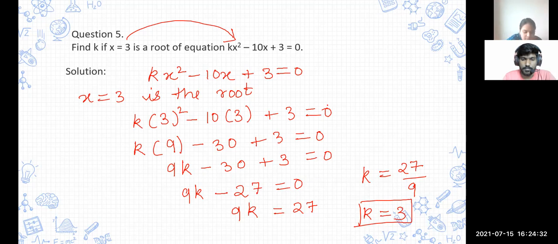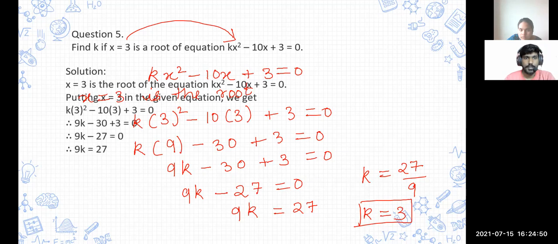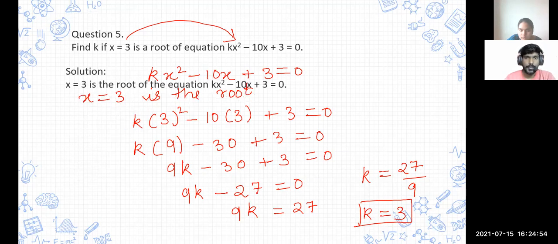This is the 5th question, right? Yes, fifth one. It's on page number? Check exercise 2.1. I don't know the page number. Actually, I'm not sitting with the textbook.